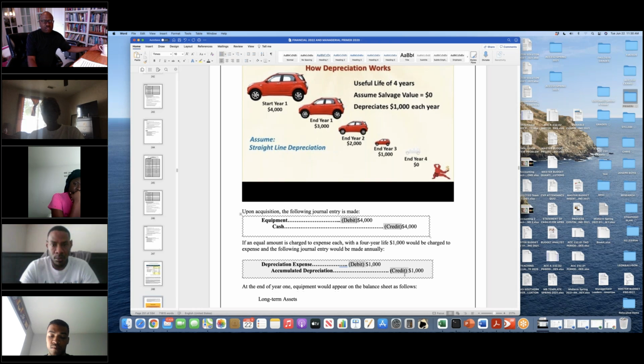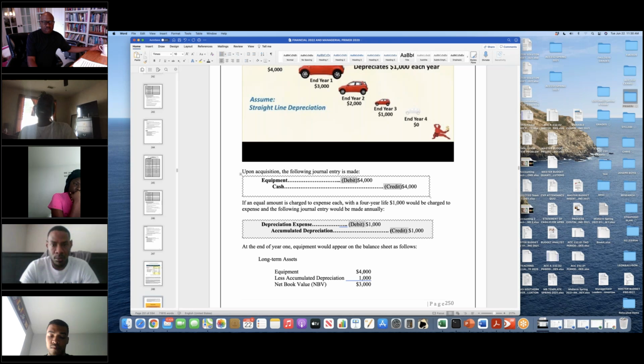And we do that because we always want to know what the equipment cost. But this accumulated depreciation is a contra asset account. It keeps a credit balance and it's subtracted to get us to the net book value of what the equipment is worth. So that's the standard thing.